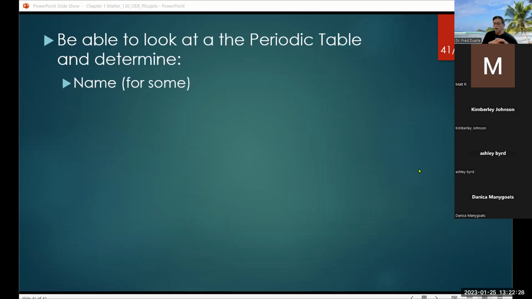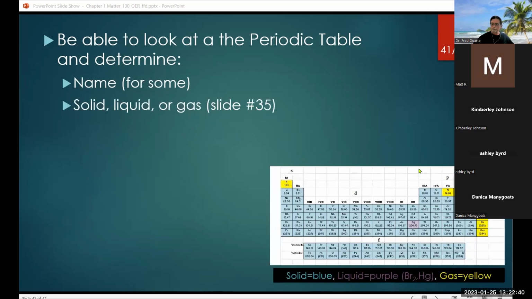Okay, so with that, be able to look at the periodic table and determine the name for the ones we talked about. As far as the elements are concerned, be familiar with the symbol too. From slide 35, determine whether any element, not just the ones we talked about, is a solid, liquid, or gas, based on its position on the periodic table.